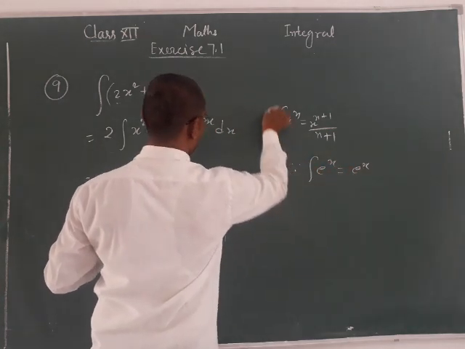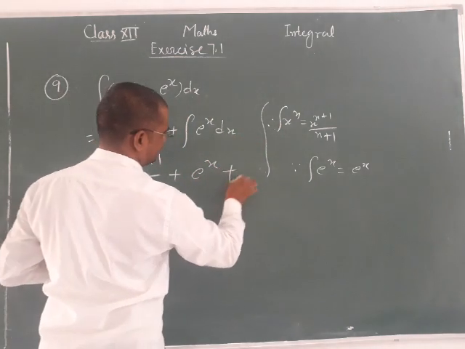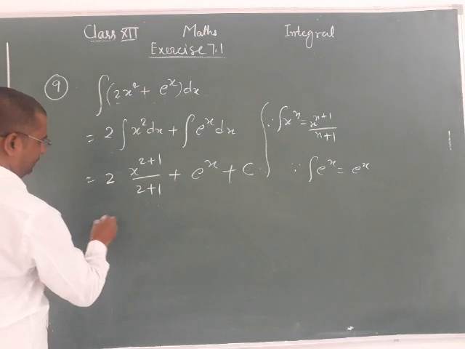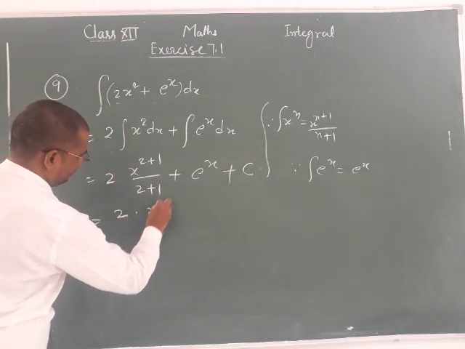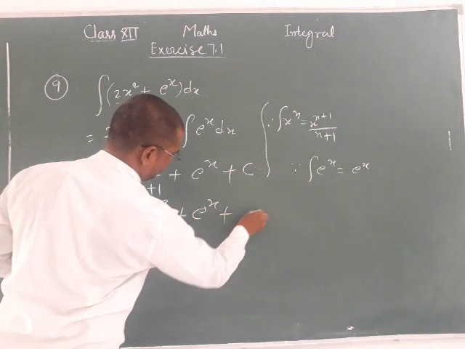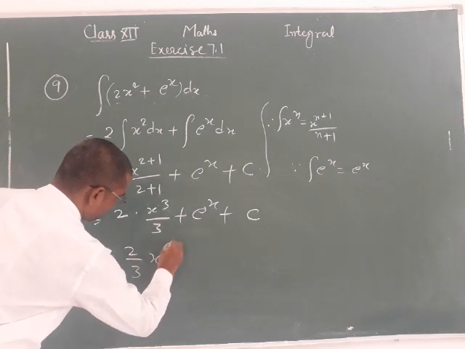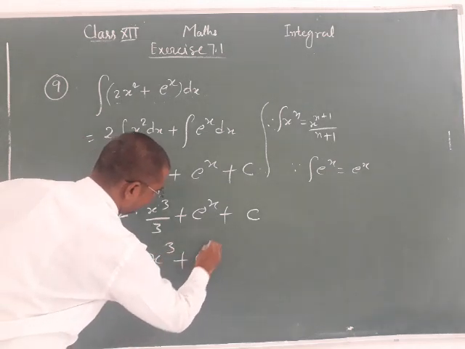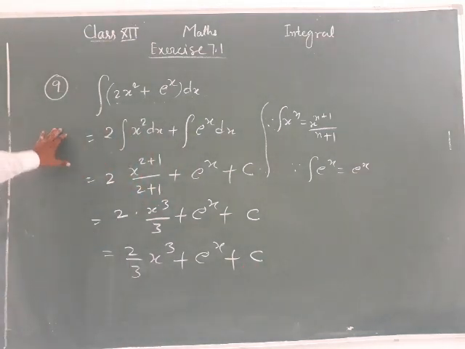This is the formula. So e^x plus arbitrary constant c. So 2 into x^3 upon 3 plus e^x plus c, and 2 upon 3 x^3 plus e^x plus c. This is the answer of the given question.